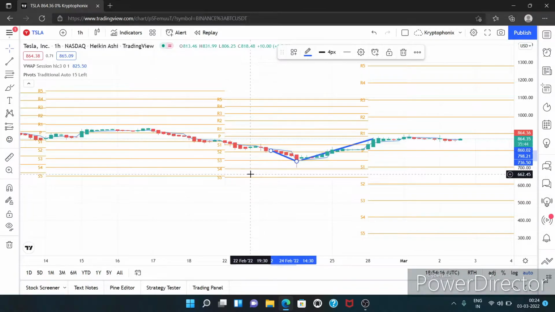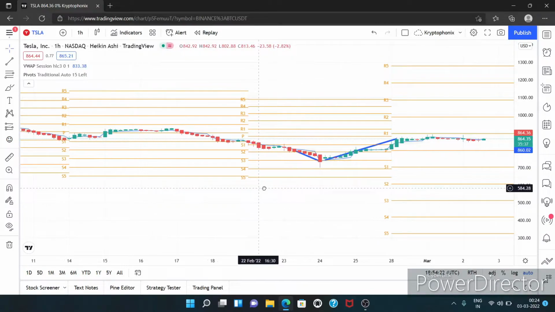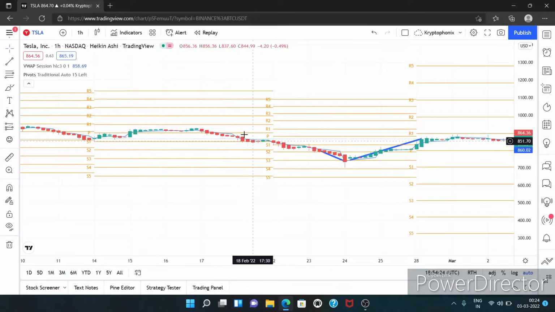That's the second signal. So till now we have discussed a signal to go long and a signal to go short. Now, let's look over here. At this point, the price is below the VWAP, but the lower line is not broken.